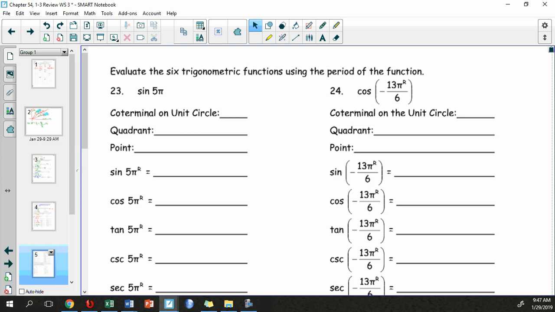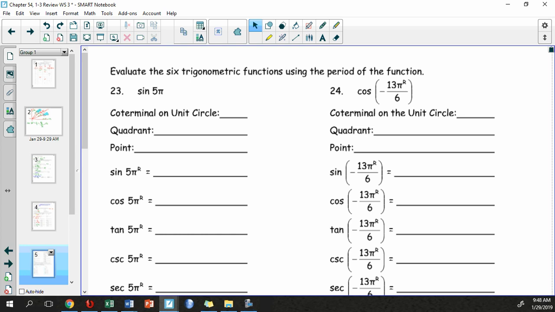Where is negative 13 pi over 6? What's the bunny trail tell you to do? The bunny trail tells you to find the coterminal on the unit circle. Coterminal. Oh, is this a corkscrew angle? Is this not on my unit circle? Yep, it's not on my unit circle, so let's find the coterminal.